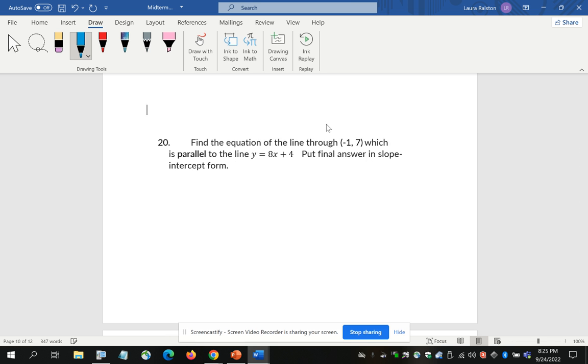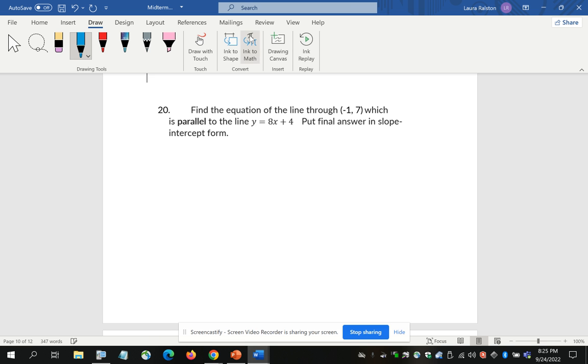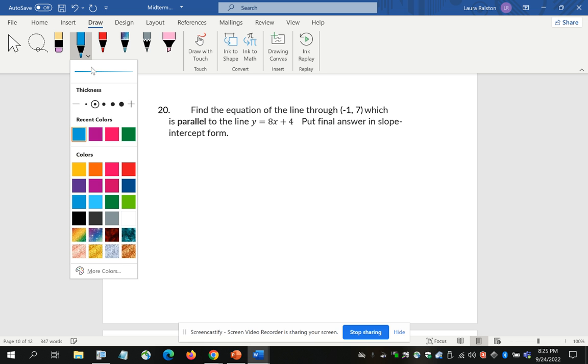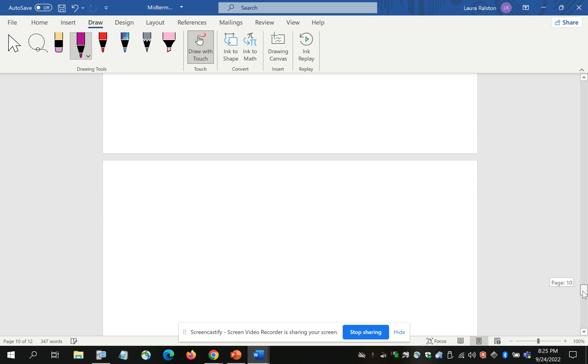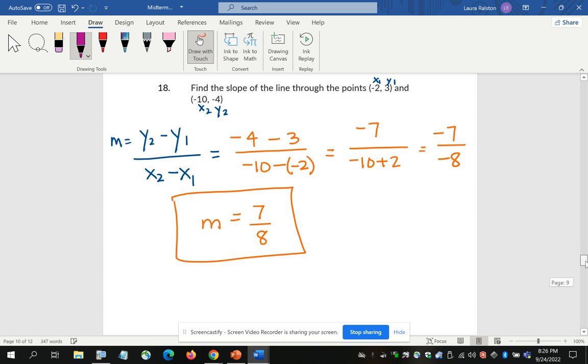Question 20 is a similar question, but it asks me to write the equation of the line that is also again parallel to, I believe this should be, let's do this one as perpendicular, just so you have an example. Let me make sure. Nope, I got another parallel one.